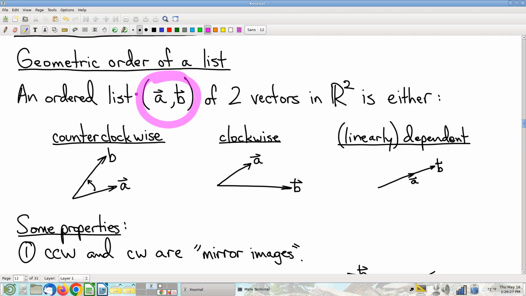That's a list of vectors, but I emphasize it's an ordered list. A is first in the list. B is second in the list. This is not just two vectors A and B. This is A first, B second. Is that cool? Everybody see what I mean by the ordering?